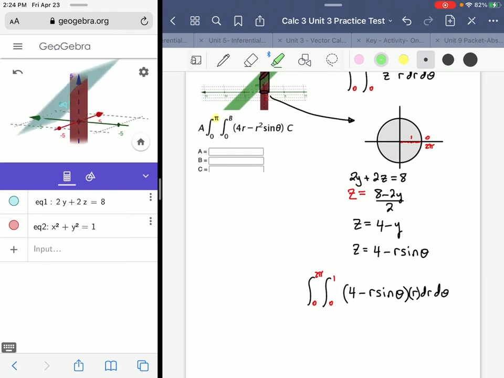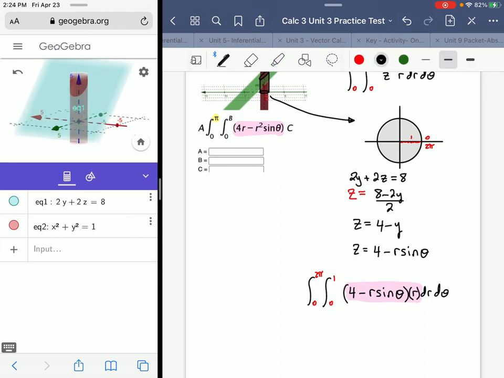So that's good news. We're on the right path here, at least. All right, so that's all of this. If I distribute, that'll be equivalent, which means that C must be dr d theta.